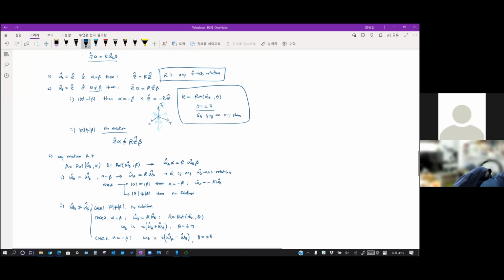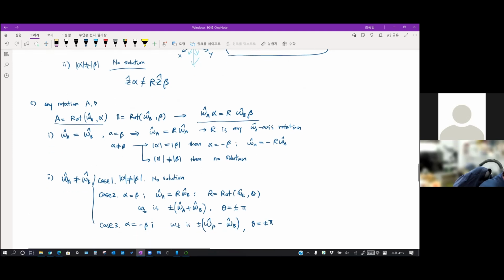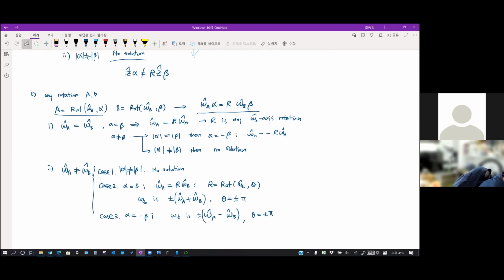So in case of C, for any rotation A, A rotation is expressed like this, and B rotation is omega B hat beta, and then we can express the relationship like this. So we can divide the solution into the case where the axis is the same, and when the axis is not the same.